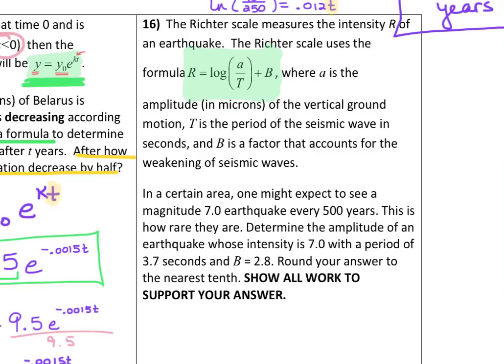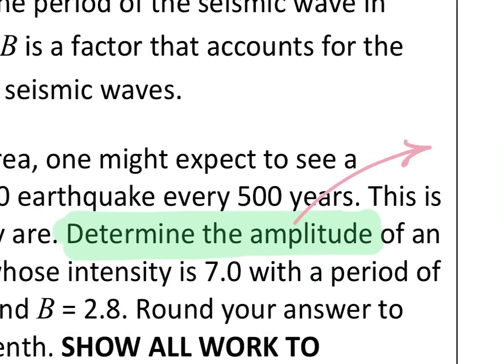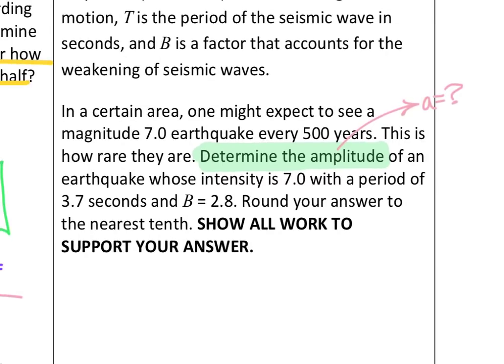And so here in a certain area, one might expect to see a magnitude 7 earthquake every 500 years. Determine the amplitude of an earthquake. So you're looking for the amplitude, that's A. You're solving for A. Whose intensity is 7.0.